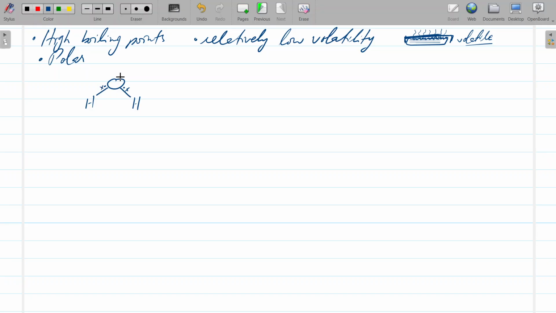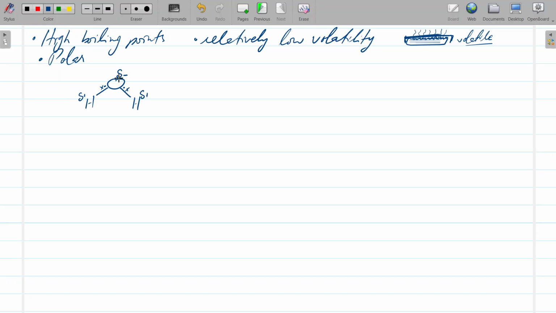And what that does is it causes oxygen to have a slight negative charge. Because the electrons are closer, it's not a proper negative charge, it's not an ionic compound, which is because of loss or gain of electrons, but oxygen has more of a share of the negativity of the electrons as compared to the hydrogens. Because hydrogens have less of the electrons to share, they develop a slight positive charge.